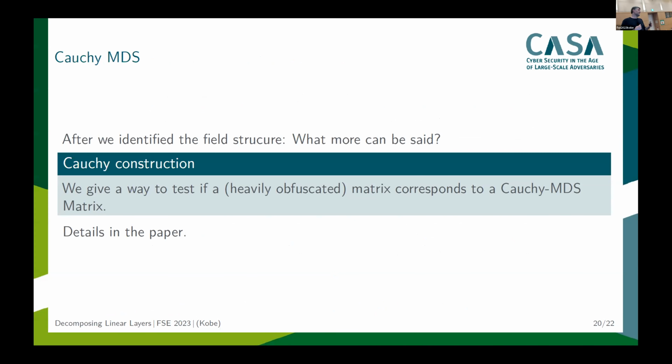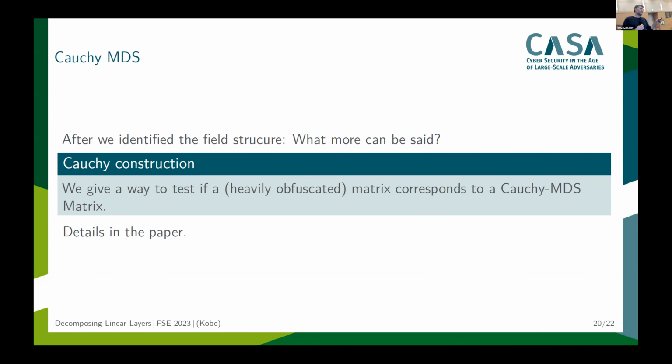And then finally, what more can be said after, for example, we found in this Streebog that there is a finite field hidden? We also give ways to test if some heavily obfuscated matrix, of the form I just showed on the slide before, actually corresponds to a Cauchy MDS matrix.